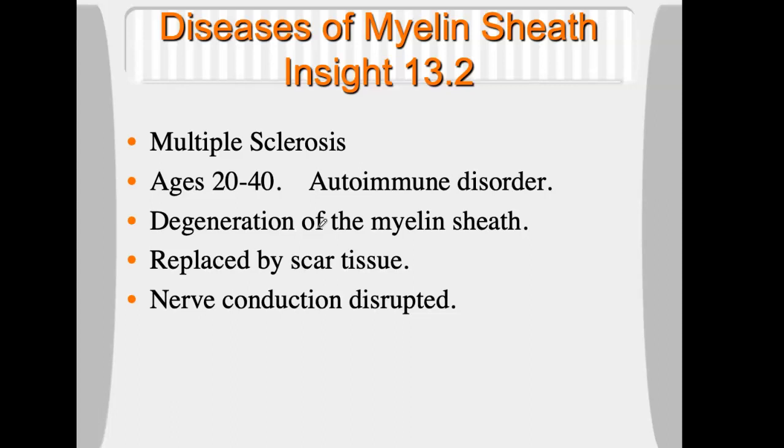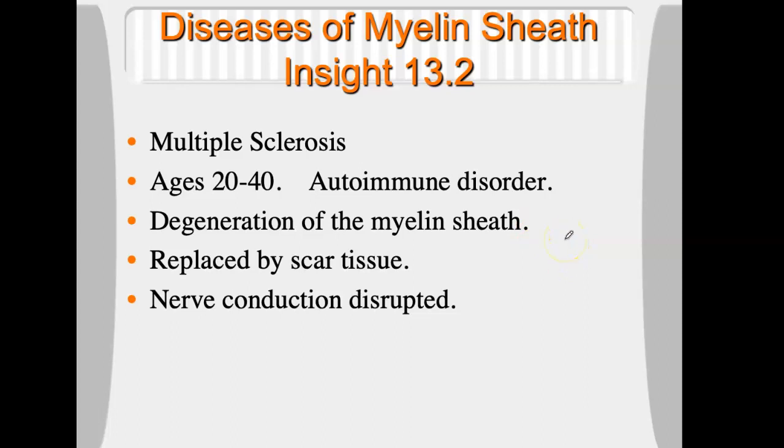There are some diseases of the myelin sheath, and a classic example is multiple sclerosis, which is an autoimmune disorder and a very sad disease because it can start quite young, at age 20 and up to 40 is the beginning of this.